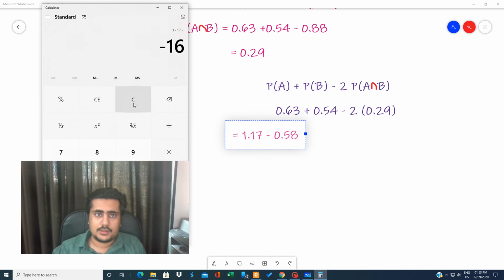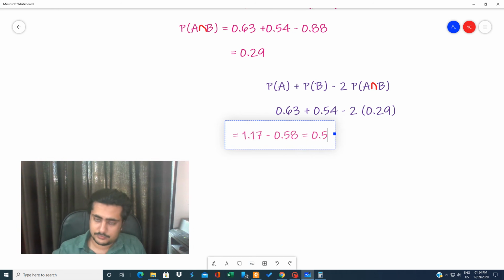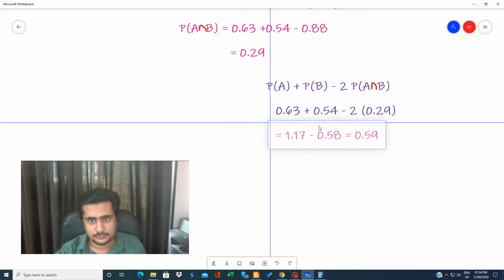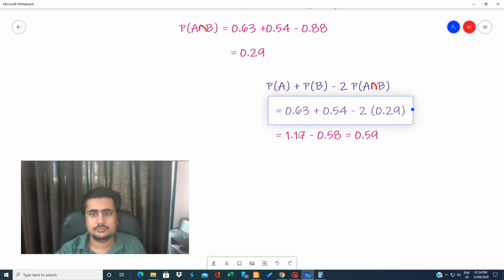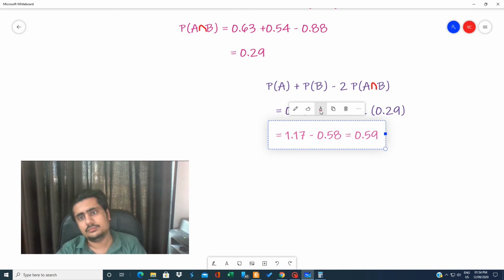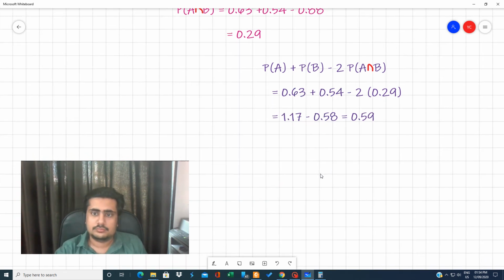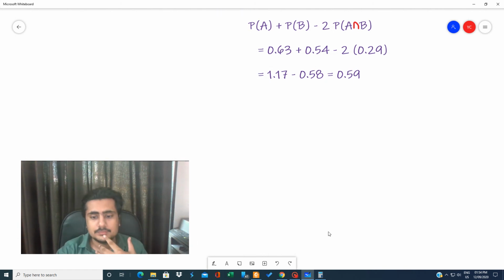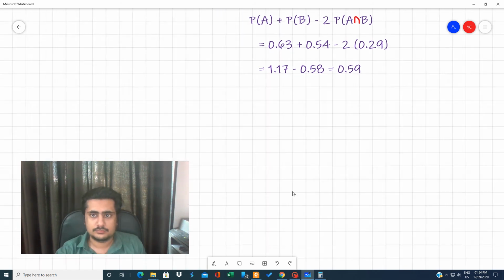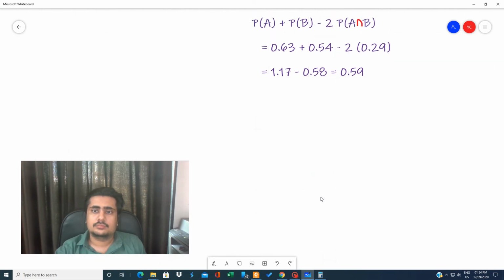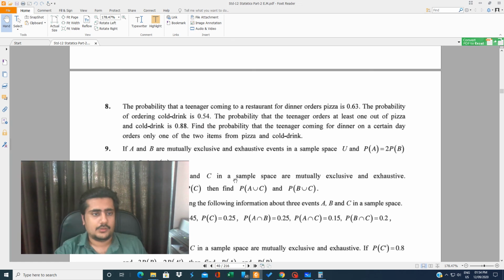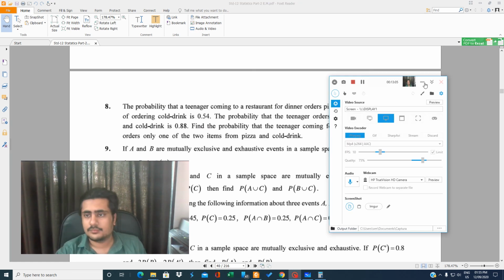So 1.17 minus 0.58, that is 0.59. So this is your answer to sum number 8.